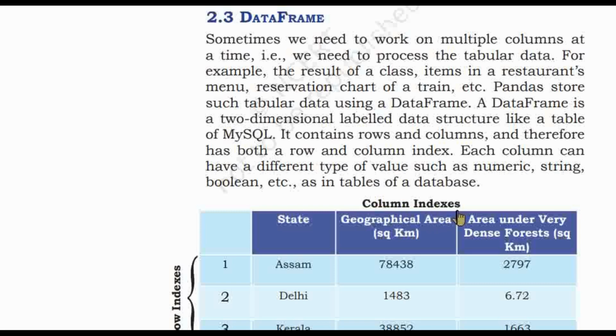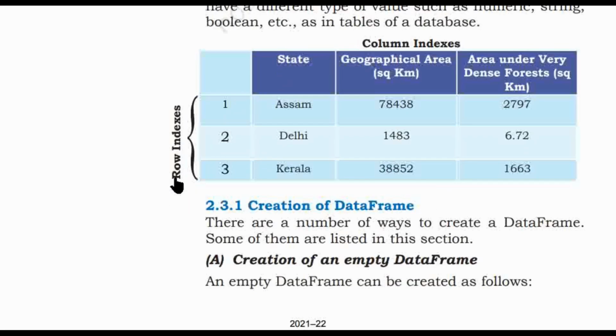Column indexes. Row indexes. State: 1 Assam, 2 Delhi, 3 Kerala. Geographical area in square kilometers. Area under very dense forest in square kilometers.